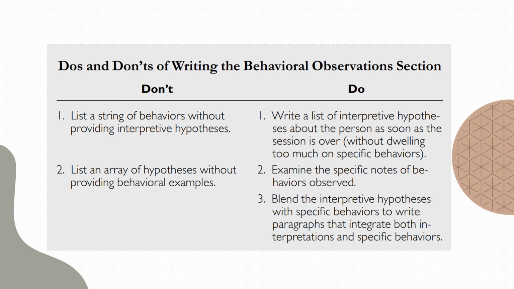And this slide reviews important points to remember when writing behavioral observations. You need to pay attention to the do's and don'ts here when you are about to write the behavioral observation section in your psychological test reports.